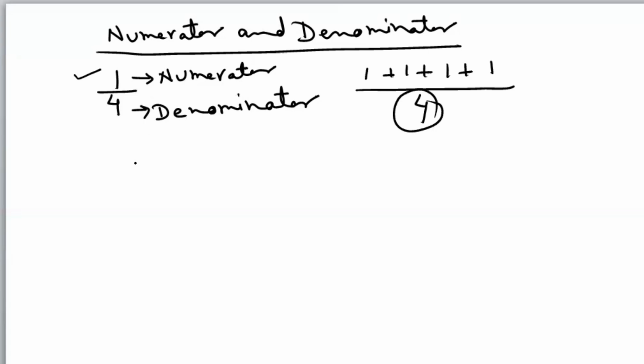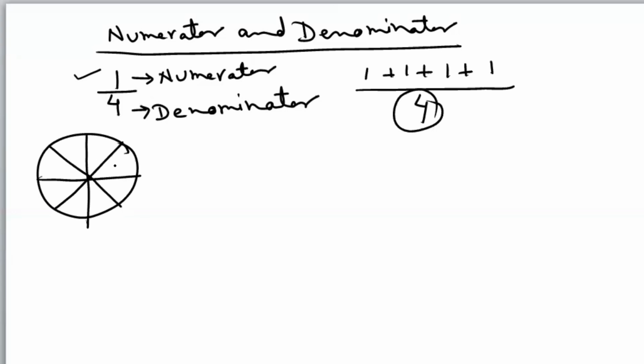Okay, the question says there is a circle, and you have to divide this circle into 8 equal parts. How will you divide? First you have to divide this into 8 equal parts. 1, 2, 3, 4, 5, 6, 7, 8. So what we did, we divided this circle into 8 equal parts.